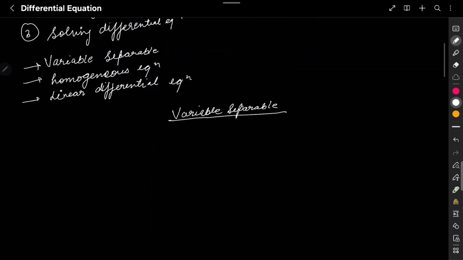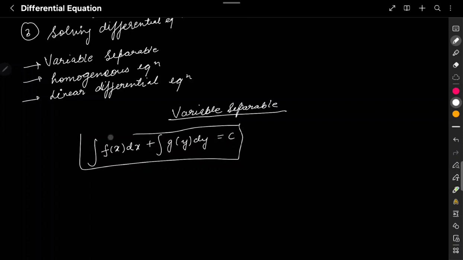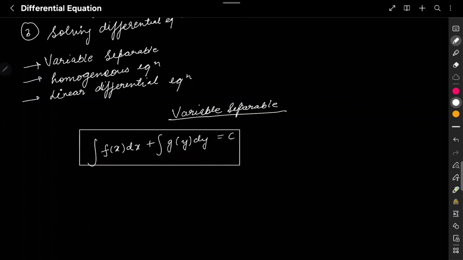In this, we need to separate, like we have to write it as integration of f(x) dx plus integration of g(y) dy is equal to a constant. If we can form an equation like this, then it is variable separable. Now the second one we have is subtype A, subtype B. Sometimes we have to use some standard differentiations and also some substitution in order to solve a differential equation.